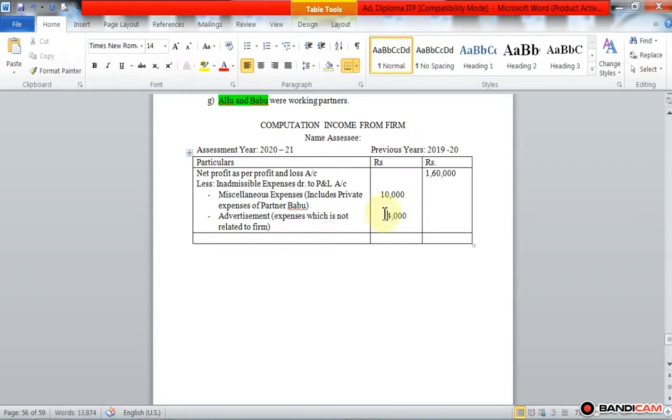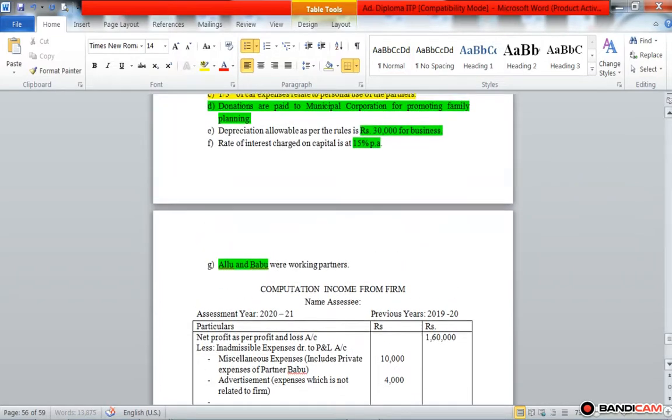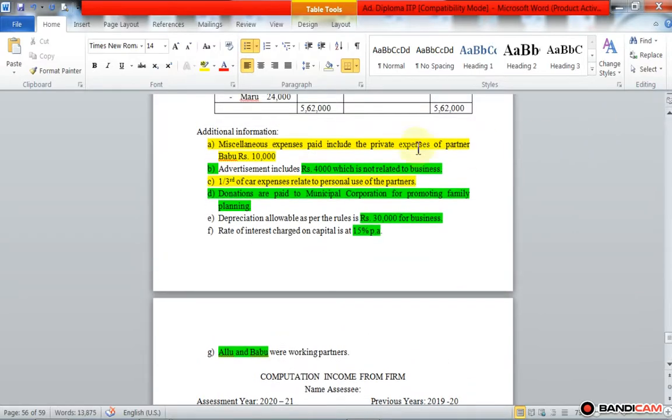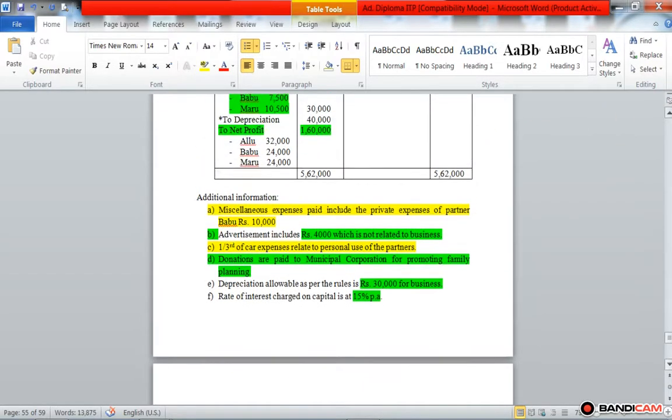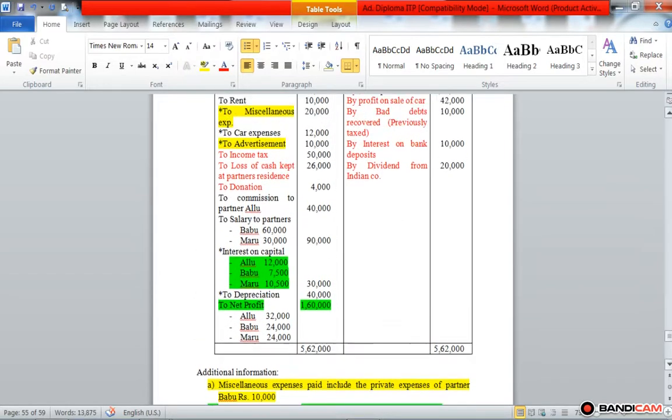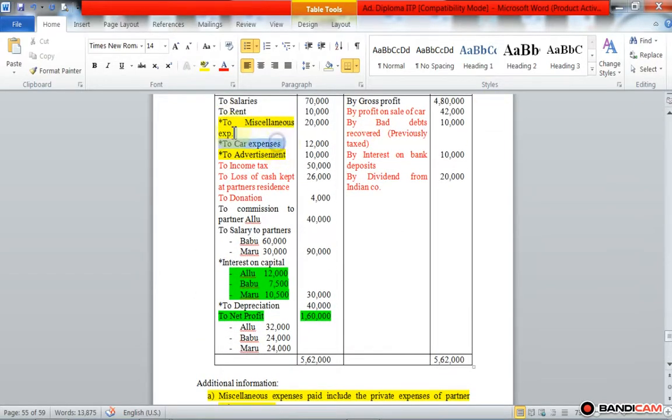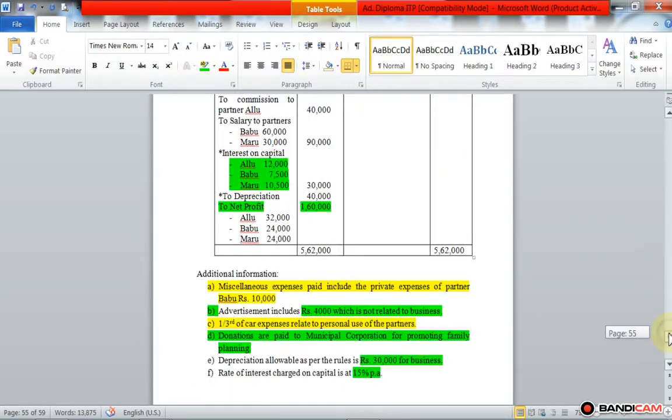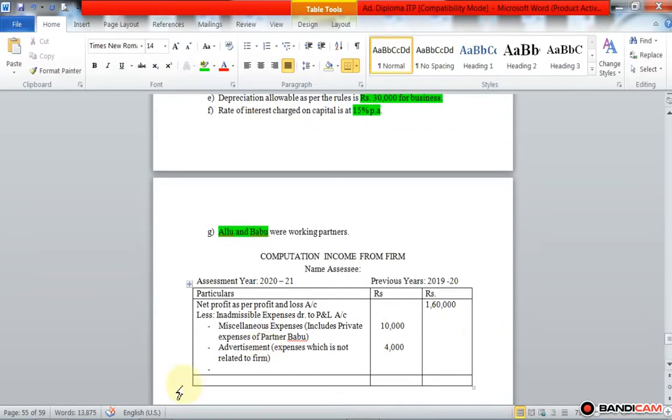Okay, then the next additional information is 1/3 car expenses. So 1/3 car expenses is related to personal use. So find out the car expenses. Highlight the car expenses for our understanding, as we consider the additional information also for computing the income from firm.